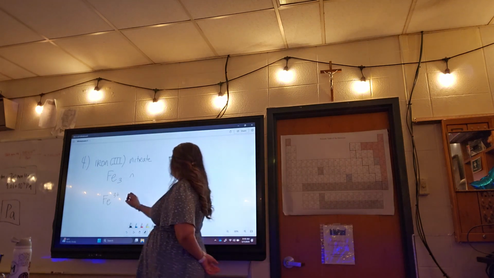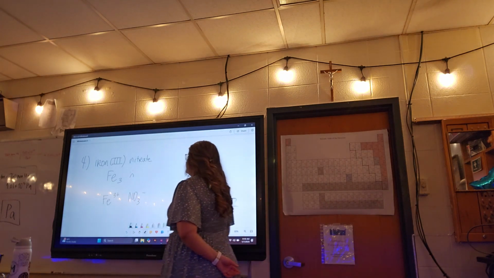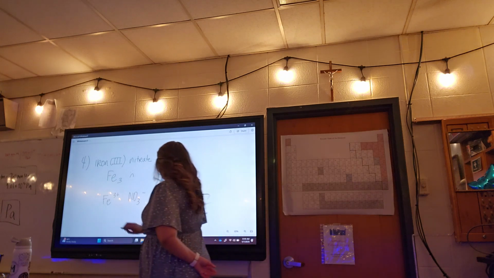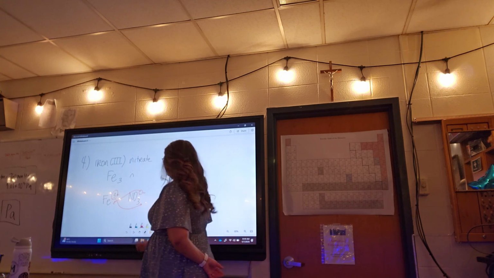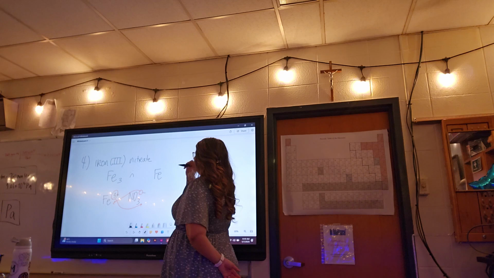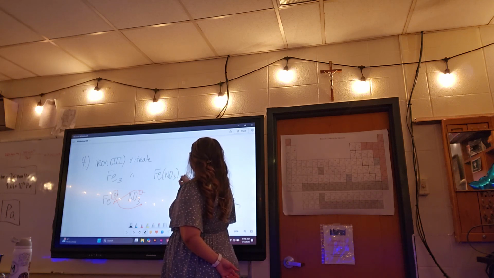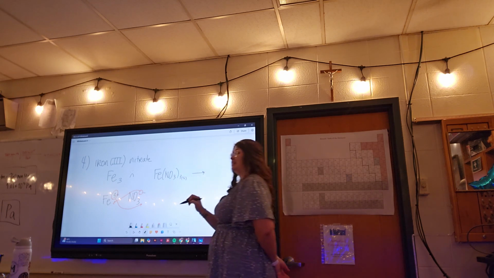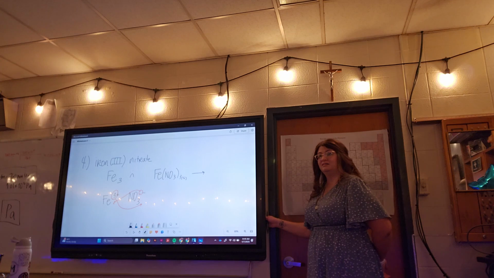Okay, NO3 is nitrate, and it has a charge of -1. So my proper compound then, these numbers are not the same, so I'm going to have to move them. And so my proper formula for iron 3 nitrate should look like this. Is that coming back to us a bit?